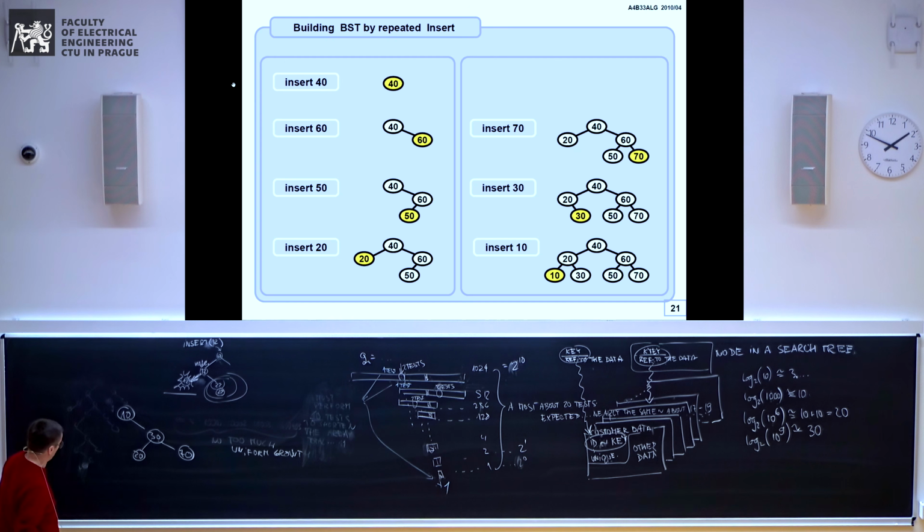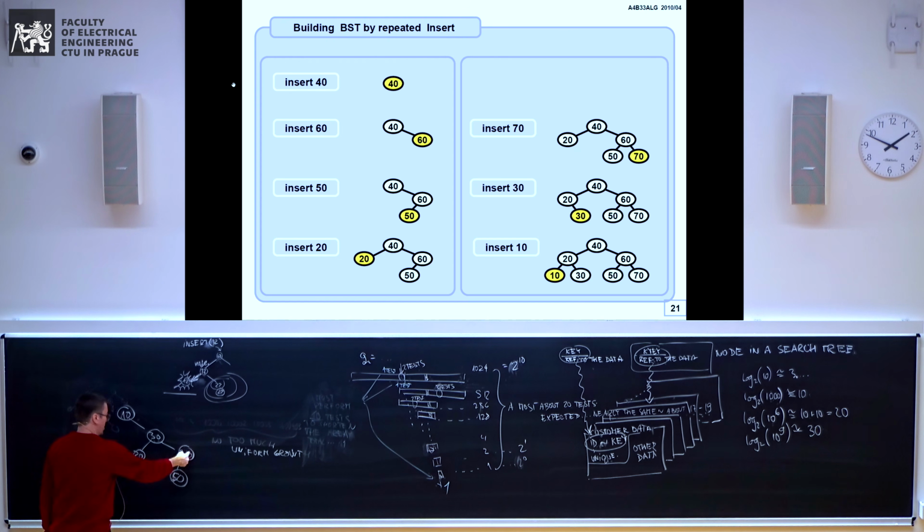Next in reverse order is 50, bigger than 10, bigger than 30, go to the right, 50 is smaller than 70, so 50 should be down there. Then 60, bigger than 10, bigger than 30, smaller than 70 and bigger than 50, so 60 should go down there.